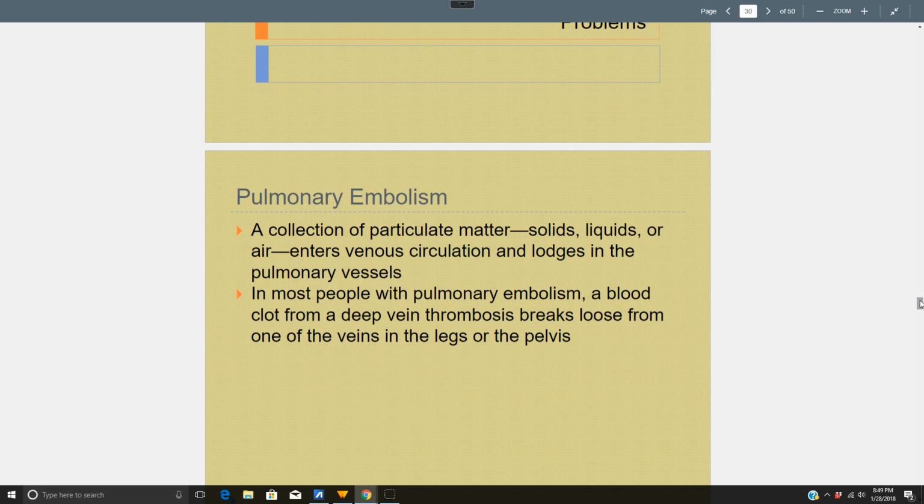In most people with pulmonary embolism, a blood clot from a deep vein thrombosis breaks loose from one of the veins in the legs or the pelvis, okay?